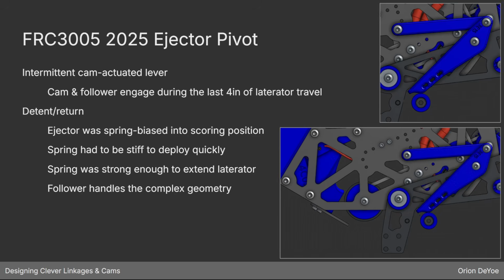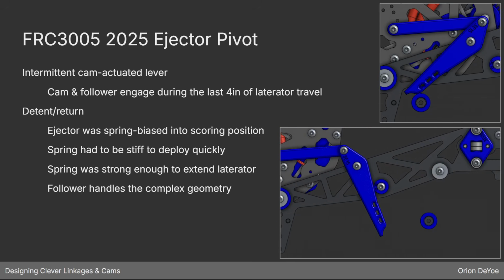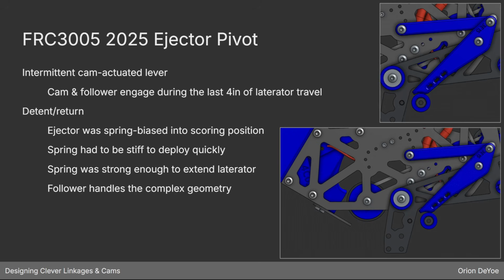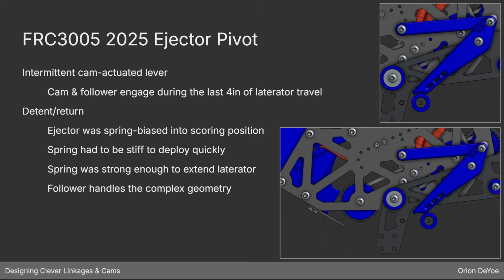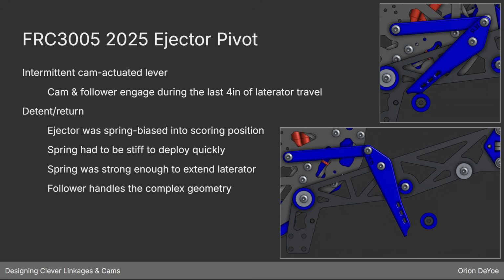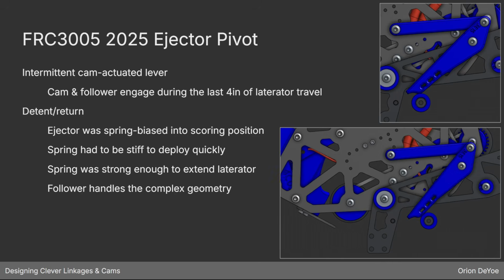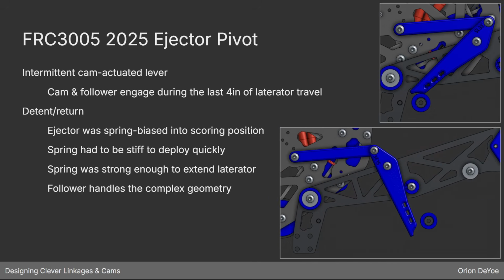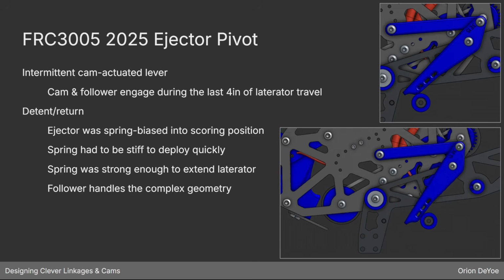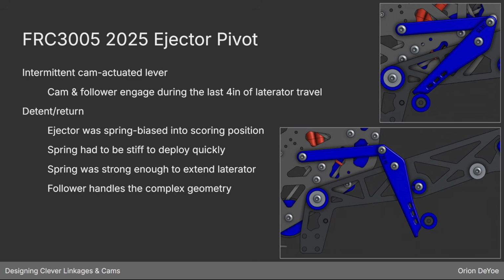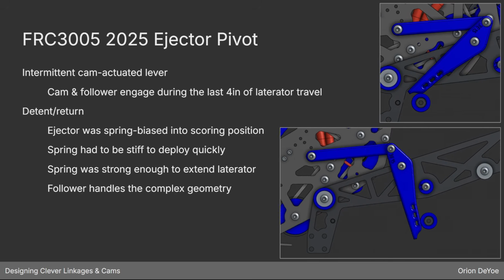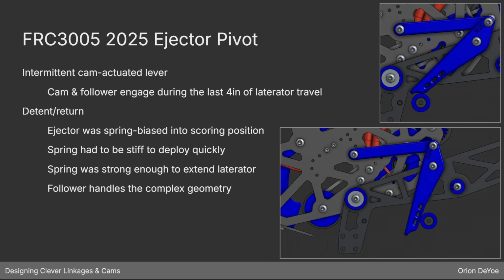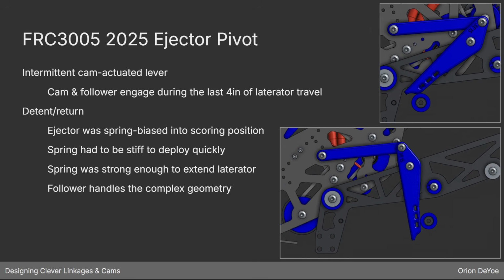So we built this more complicated geometry into the cam follower where the cam follower is this little lever and it's interacting with a standoff. It's got a spacer on it, but it's basically just a standoff similar to the 2024 robot. But as the cam gets to the end of its travel, it's got this little notch in the end where it barely starts to drop over the cam, and again, it reverses direction.